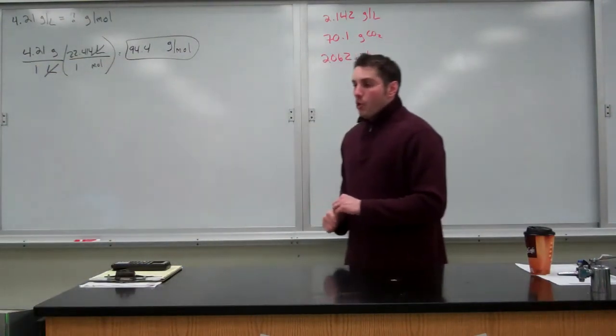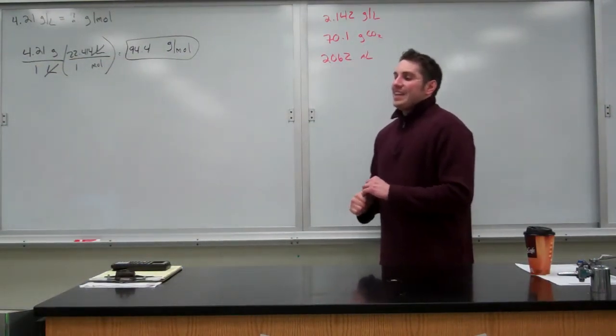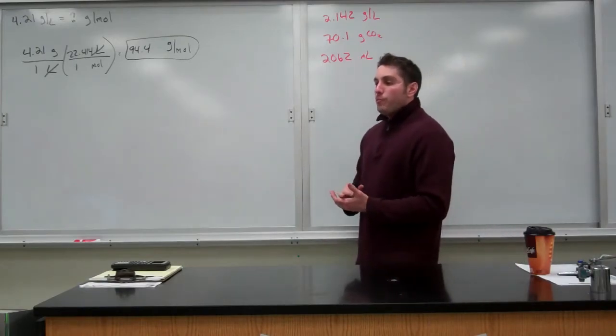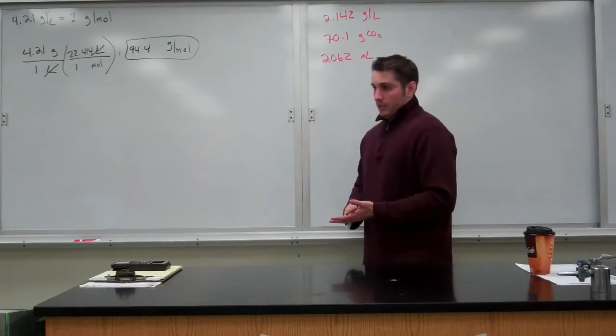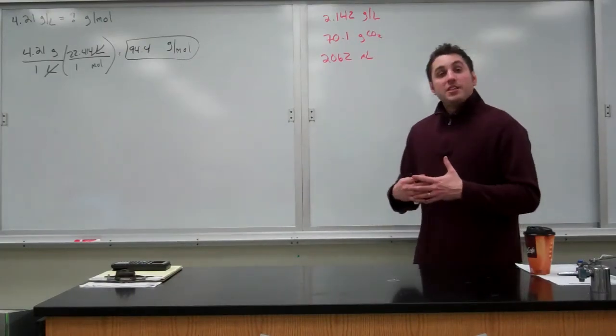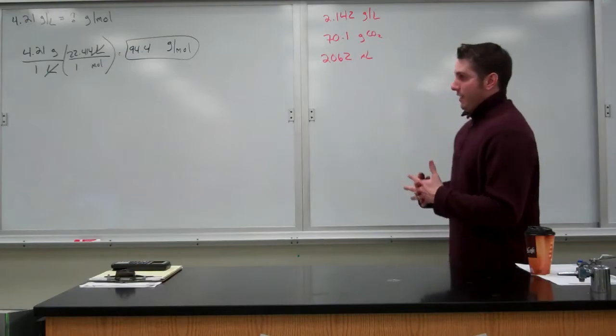Number 5 says, what is the molar mass of a gas that has a density of 42.1 grams per milliliter at STP? I made these problems very similar to highlight something.